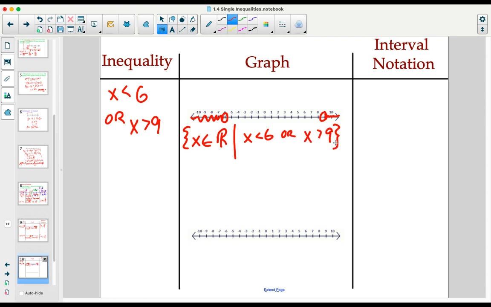Nothing new there. But when we go to the interval notation, we're in a kind of tough spot because we normally have an upper bound and a lower bound. I can't just say -infinity to +infinity because I have all of this space in here where there are no solutions.